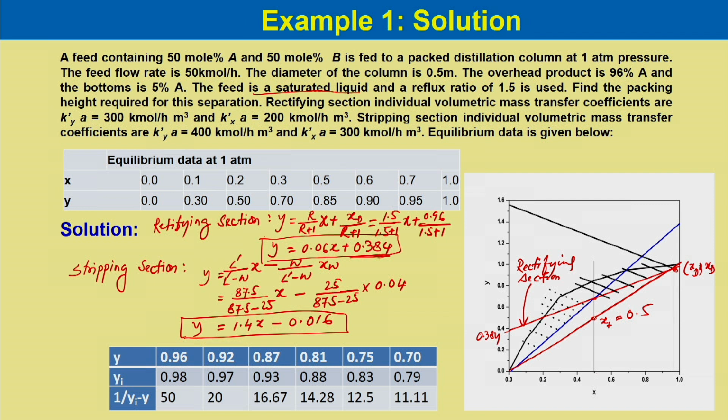From this point we draw a vertical line. So, this is the q line or feed line. And we locate the intersection point, and we know the starting point where the bottom composition is 0.04, and we join these 2 points to get the operating line for the stripping section.